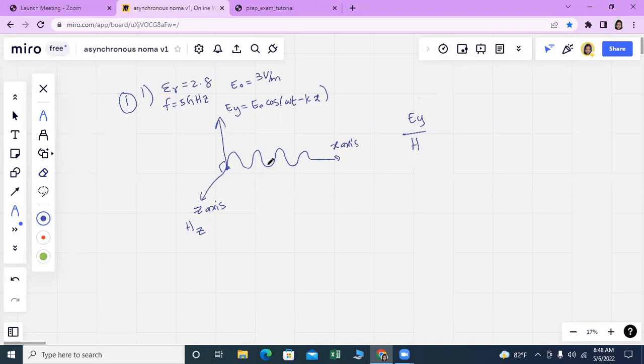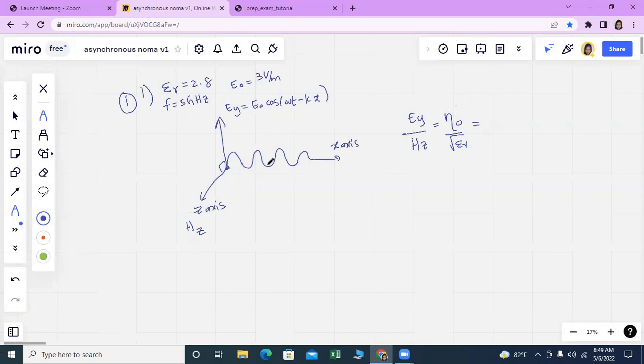For a case where it is not a vacuum, we have to divide the intrinsic impedance corresponding to the vacuum by the square root of epsilon r, the permittivity of the medium, to obtain the intrinsic impedance of the medium.